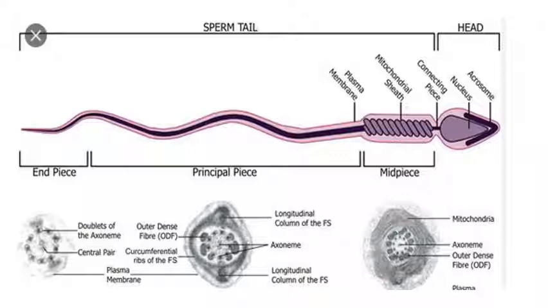The mid piece consists of the mitochondrial sheath. This middle piece is followed by the flagellum, which has a projectile motion and helps in the normal motility of the sperm.